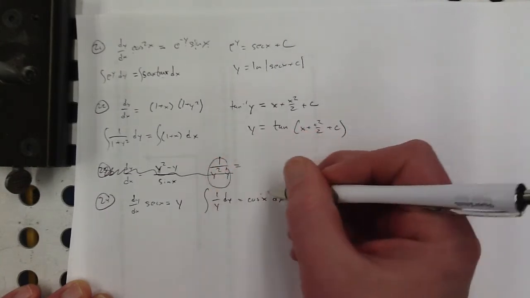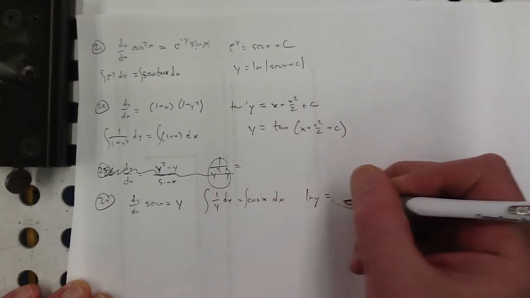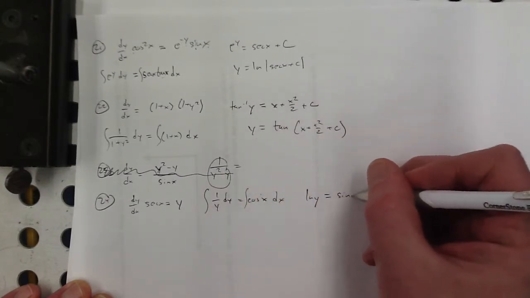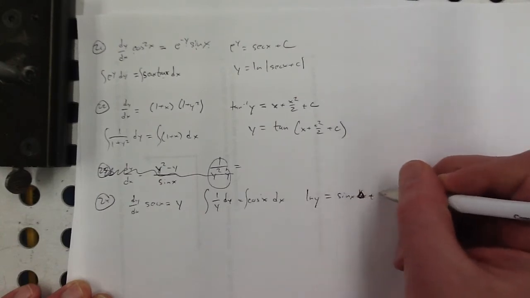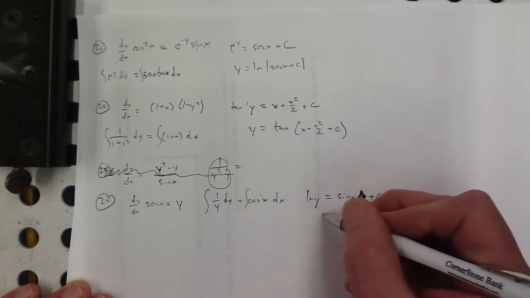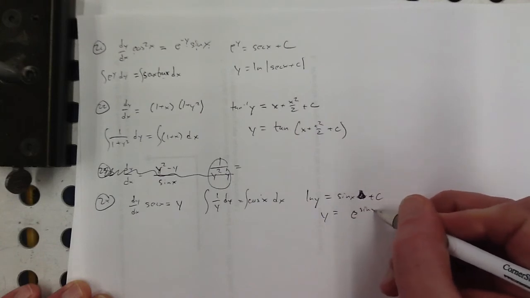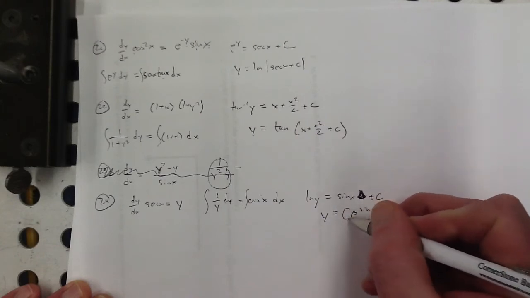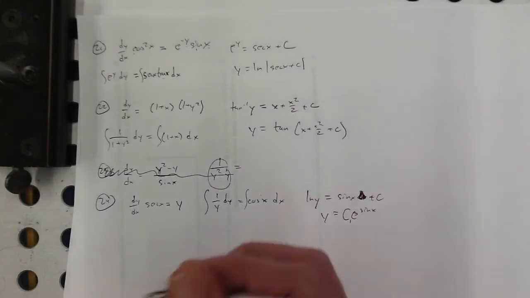So antiderivatives, that's natural log y is equal to the integral of cosine x dx. Just kidding, sine x plus c is what I meant to say. And then if I exponentiate, I get y is equal to e to the sine x plus c, but that can come to the front as a new c. That was 24. Looks good.